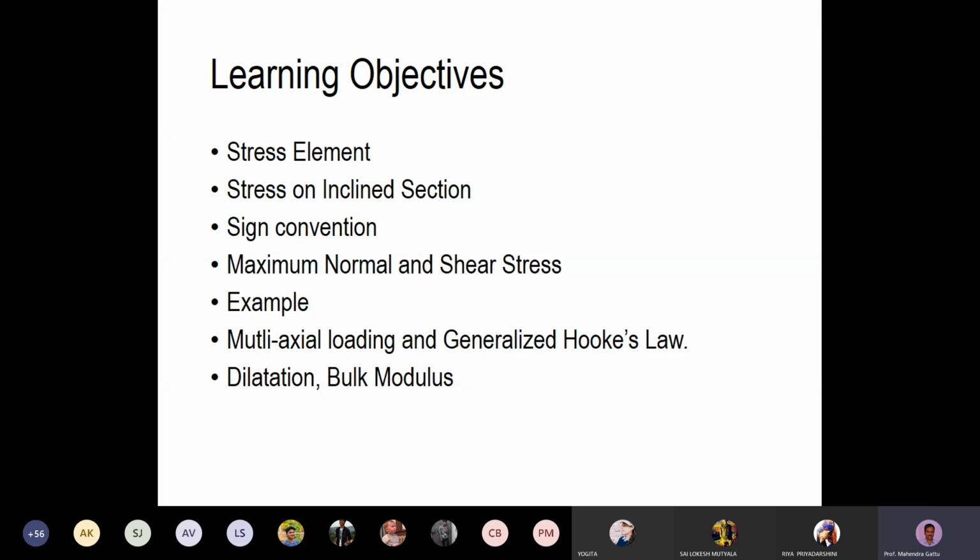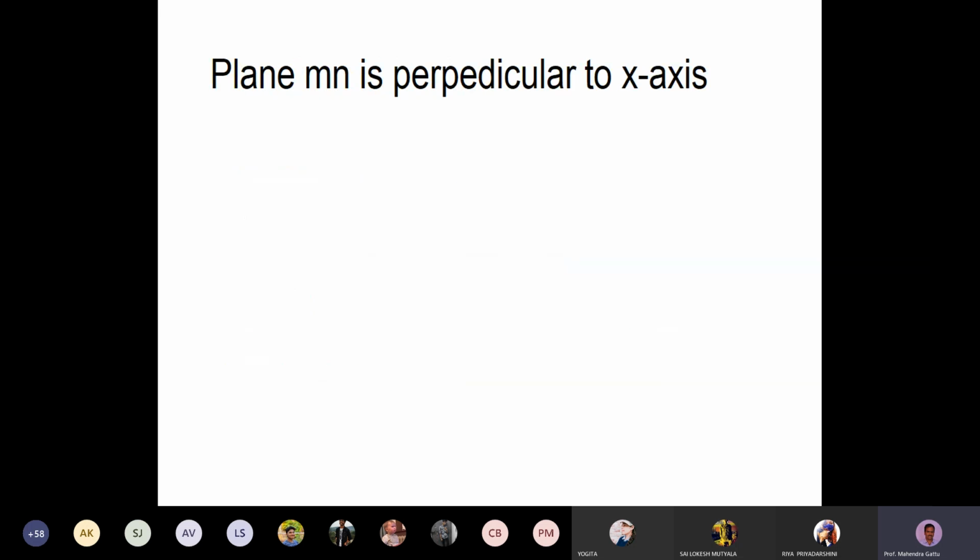And then we'll have the bulk modulus definition, which relates the hydrostatic pressure with the change in volume. Then we'll solve a very simple example based on these concepts. So first thing we'll do is look at the stresses in an inclined section.